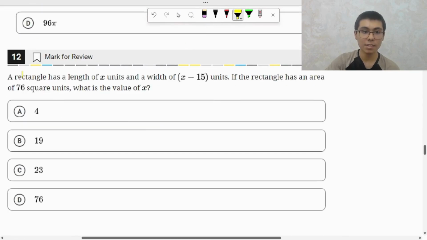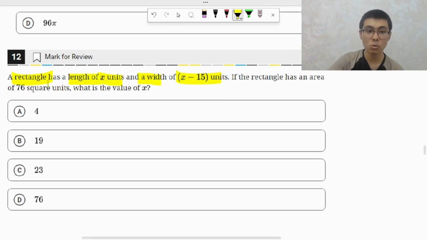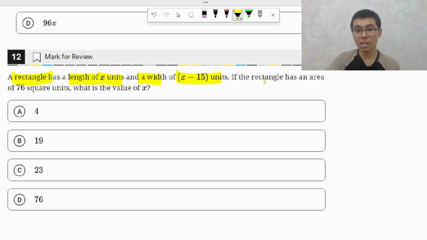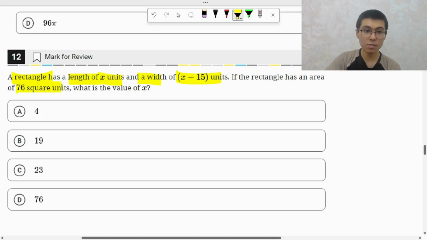A rectangle has a length of x units and a width of x minus 15 units. If the rectangle has an area of 76 square units, what's the value of x? So you gotta know the formula of area.